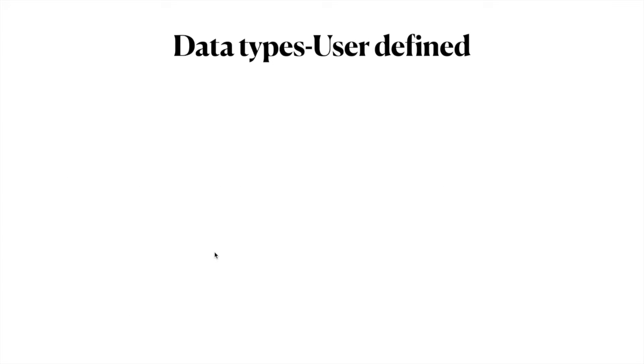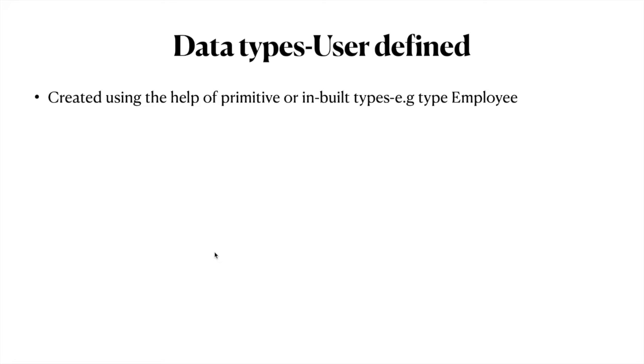And when we say user-defined, we use the syntax of the language and primitive data types to create complex data types. For example, if we create a type called employee in Java, we will create it like this.